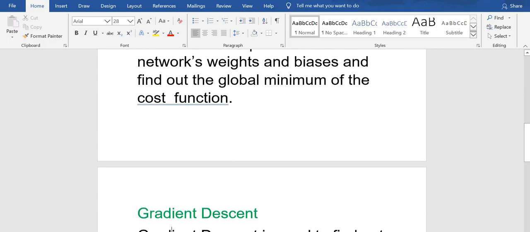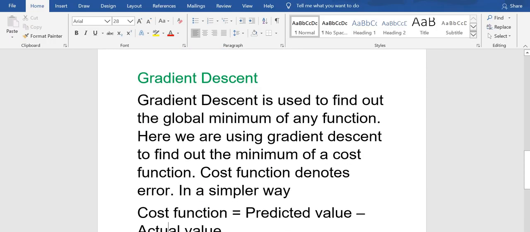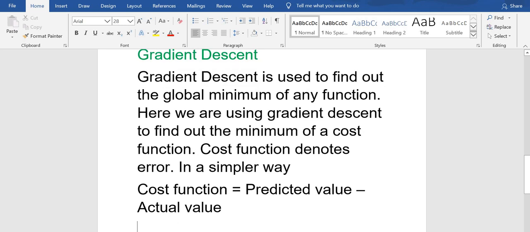Okay, now gradient descent I have explained to you. I have explained the cost function, predicted value minus the target value or actual value. All these things I have explained. Gradient descent is used to find the global minimum of any function. Here we are using gradient descent to find the minimum of a cost function.